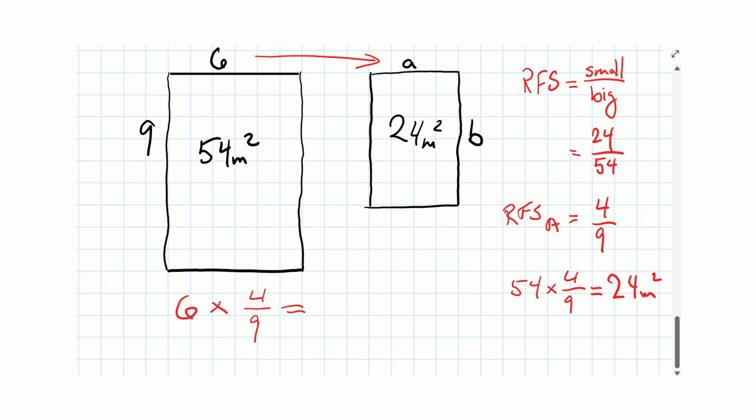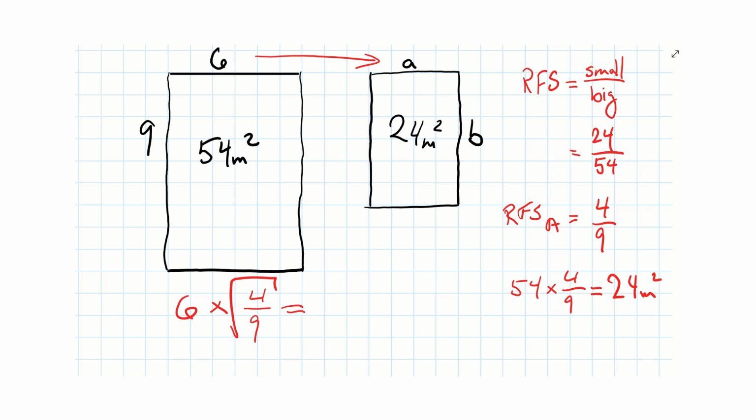Remember, we're not changing from meters squared to meters squared. We're changing from meters to meters. So this time what we're going to have to do is take the square root because we're dealing with these meter values. We're dealing with unsquared units. So we need to unsquare the scale factor that we've got.